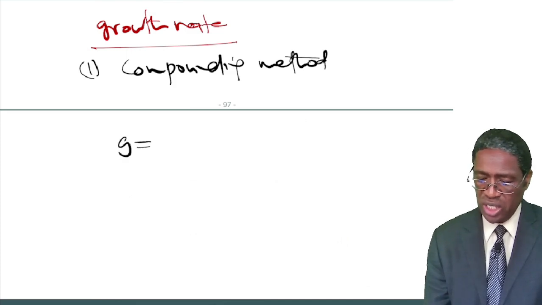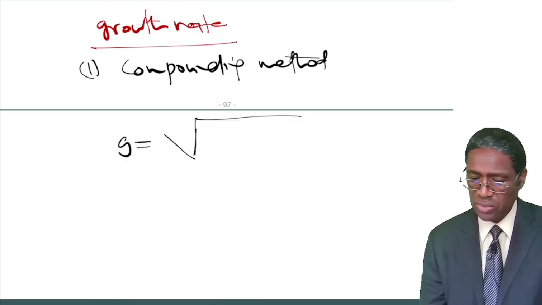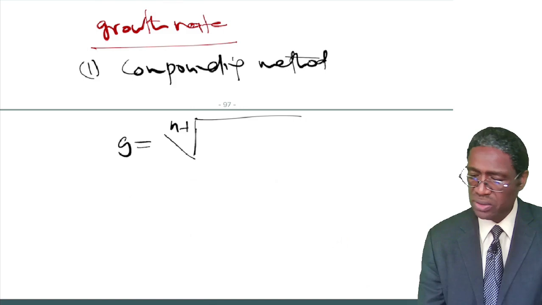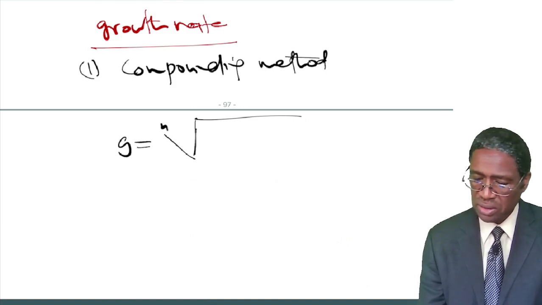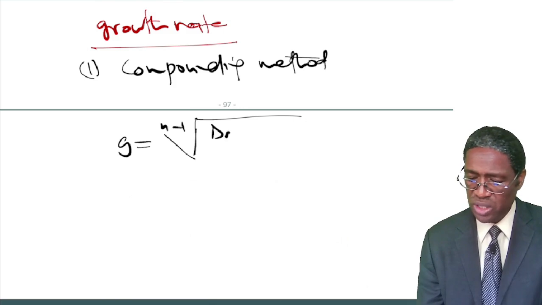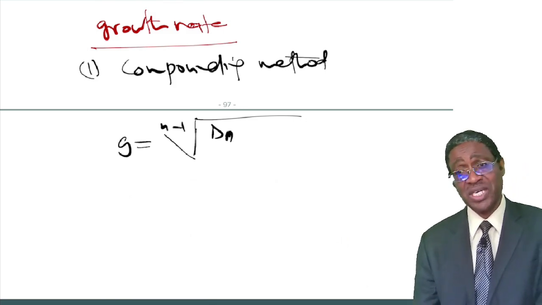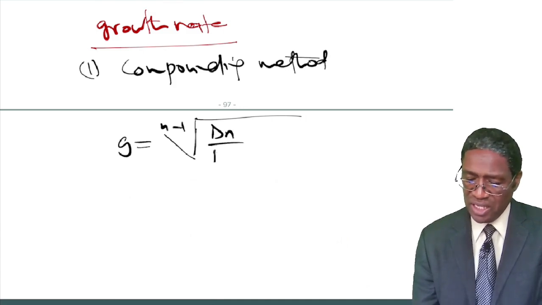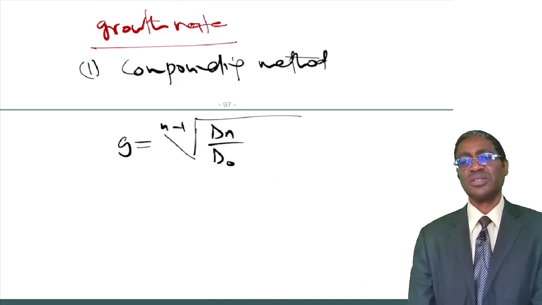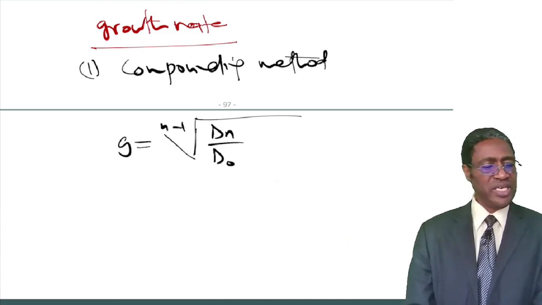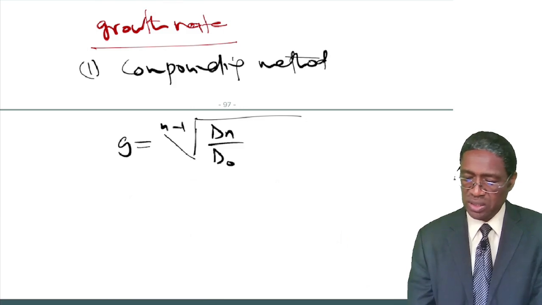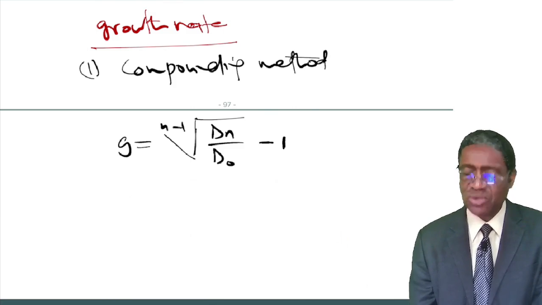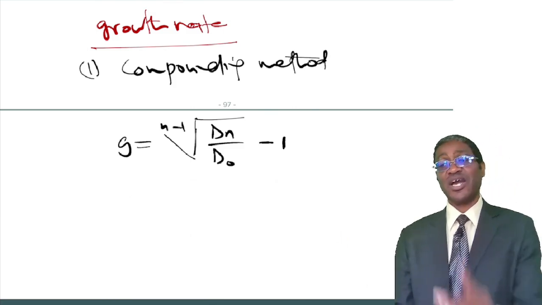This is G equals to the (n minus 1) root of dn, we were dividing that by d naught, and whatever you get, you minus 1. That was our formula for getting the growth rate.